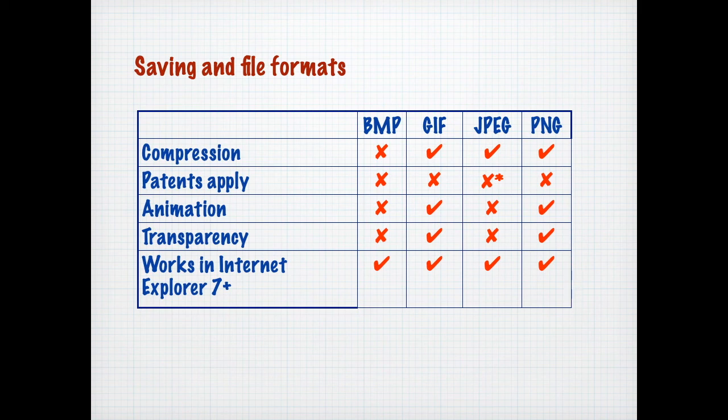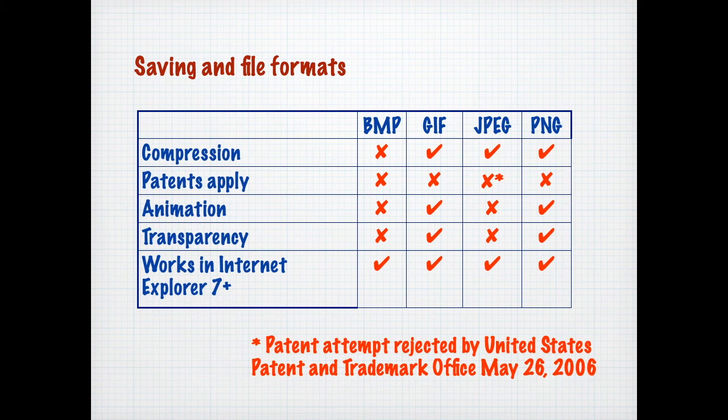There have been various points in the past where people have asserted patent rights over those different files. PNG is the most recent file format that's come out, and PNG was specifically engineered so that there wouldn't be any attempt at patent on the content of the algorithm of those files.